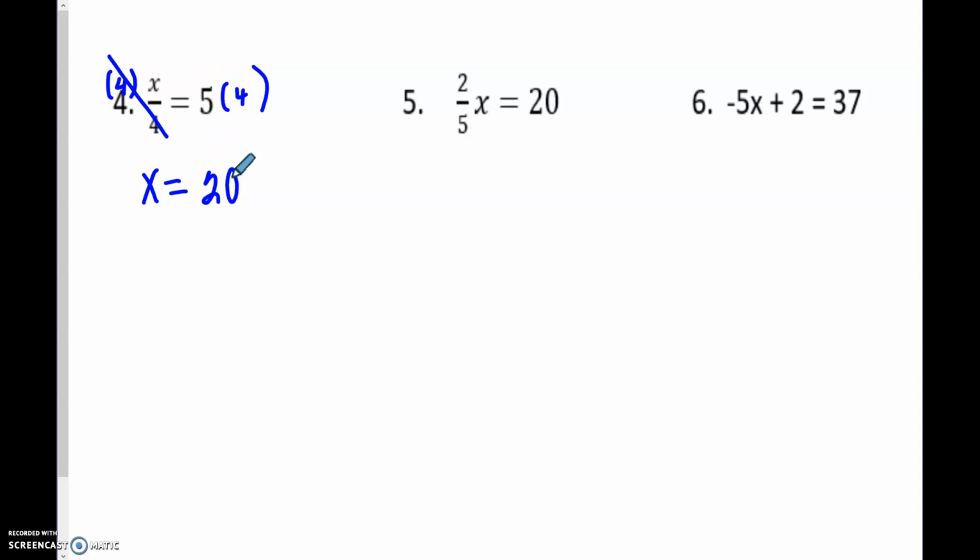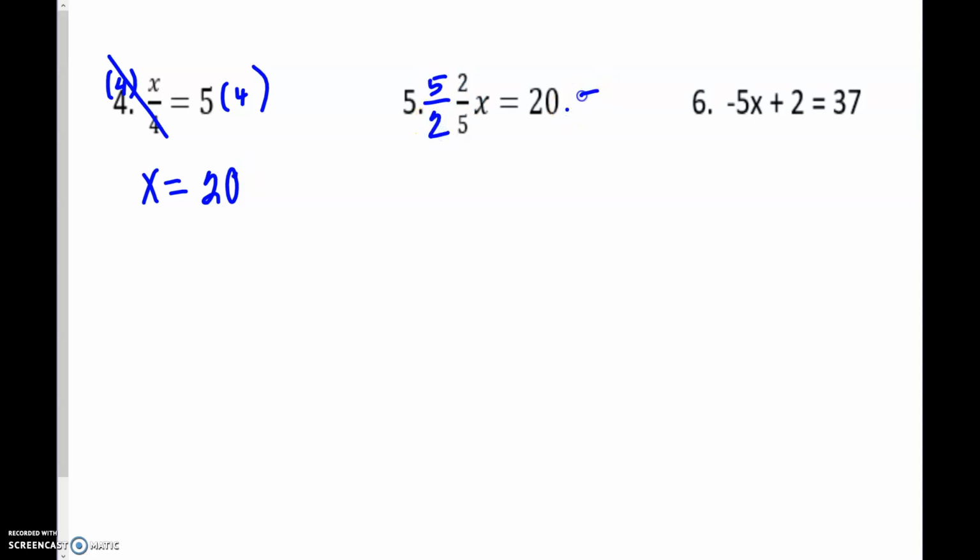All right, number 5. We have a fraction in front of that x. So remember, what we're going to do is multiply by the reciprocal. What is the reciprocal of 2/5? The reciprocal of 2/5 is going to be 5 over 2.